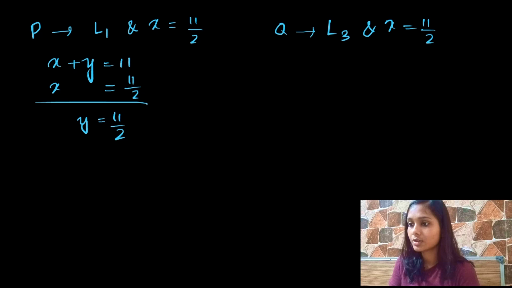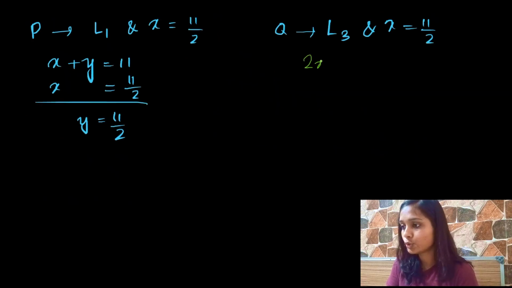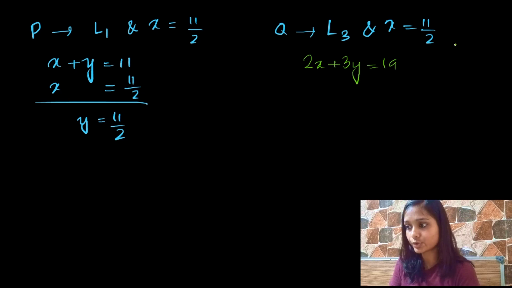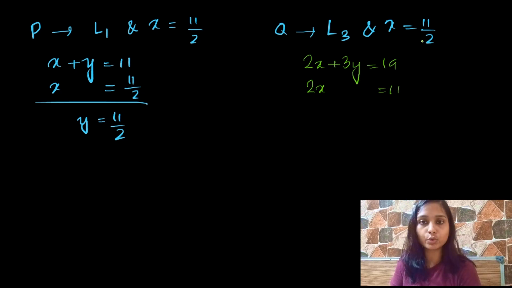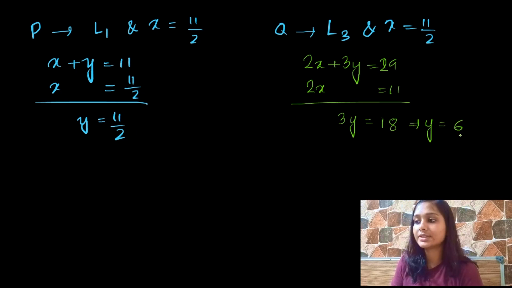L3 has the equation 2x plus 3y equals 29. Putting 2x equals 11, it will give 3y equals 18, which means y equals 6.